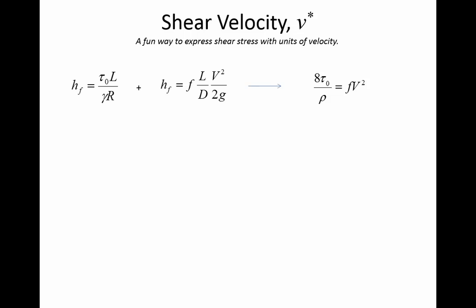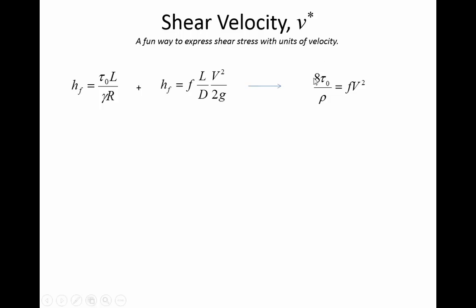So if we're combining these two together, then one thing we remember is that for a pipe that's flowing full, the hydraulic radius, R, is diameter divided by 4 when the pipe is full. And so if you combine those together, it may not immediately be obvious where that 8 is coming from, for example.